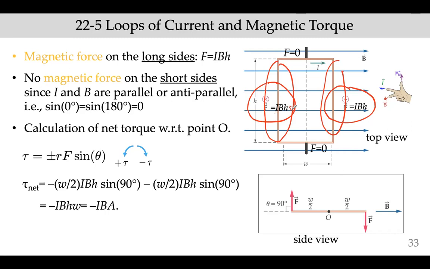So normally you have sine 90 here, but you don't have to write it, it's 1. So as per this formula, the force here on the side is IBH. Originally it was IBL, but in this case, the length of this part of the wire is H. So that's why we have IBH, and here the force is also IBH.